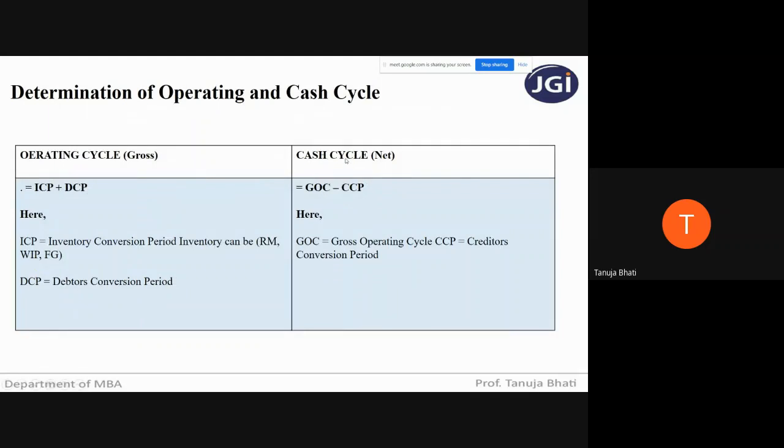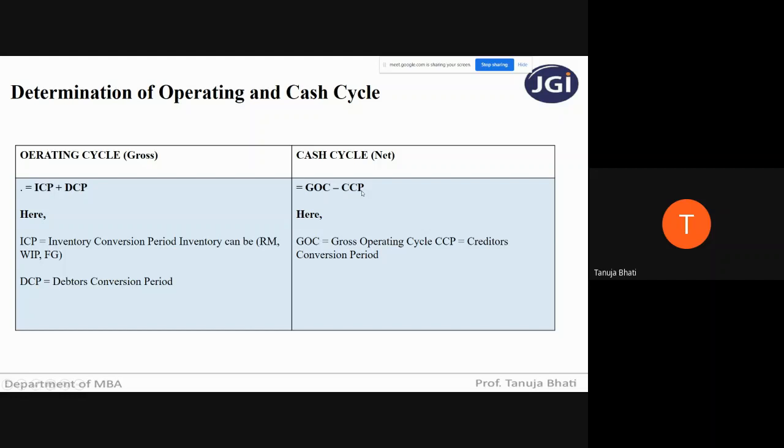Next is cash conversion period. Now cash cycle, as we know, starts from the gross operating cycle, that is the complete process from the raw materials to the cash, which is called the operating cycle. So you take GOC, that is gross operating cycle, minus CCP, that is creditors conversion period.